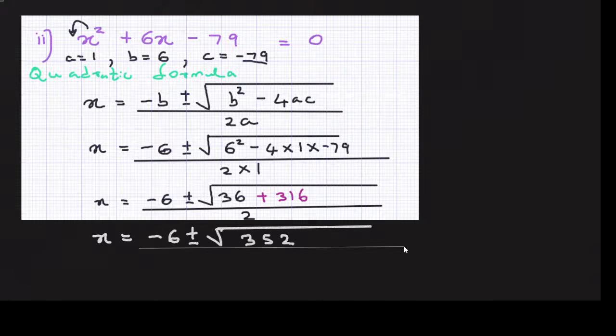Divide by 2. Alright, now we are stuck. How do we find the square root of 352? Should we use logarithm? No, we don't have to, because in the question they have told us something. Let's see what they have told us.